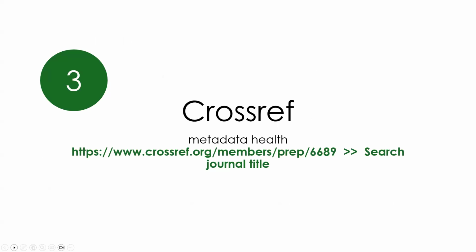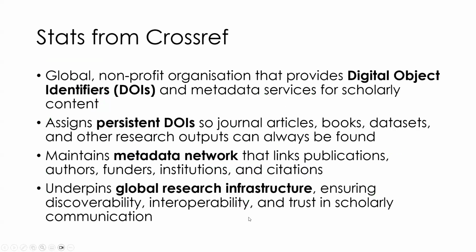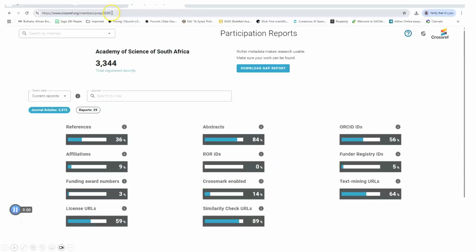It assigns persistent DOIs, so journal articles, books, data sets, and other research outputs can always be found. It maintains the metadata network that links publications, authors, funders, institutions, and citations, and underpins global research infrastructure. It's the backbone of this global infrastructure within which we operate, and ensures discoverability, interoperability, and trust in scholarly communication.